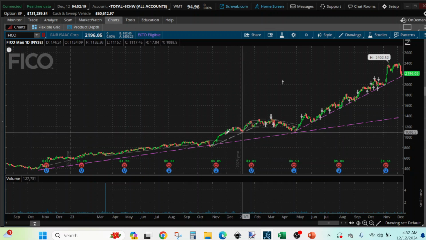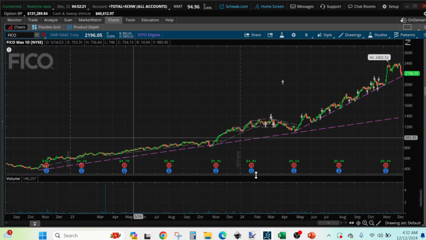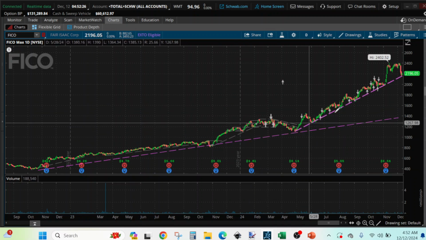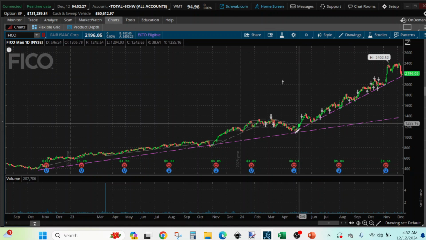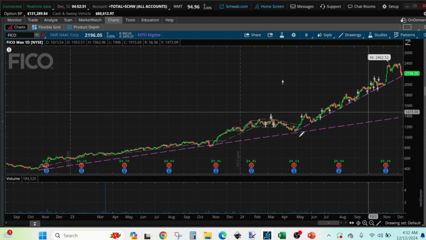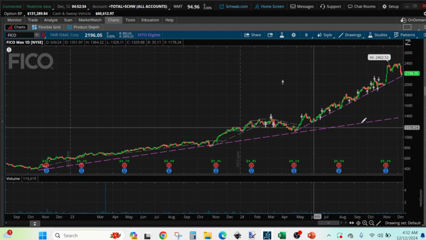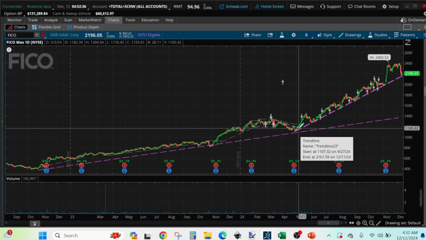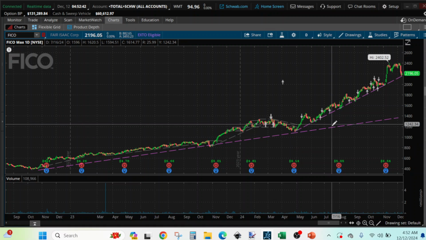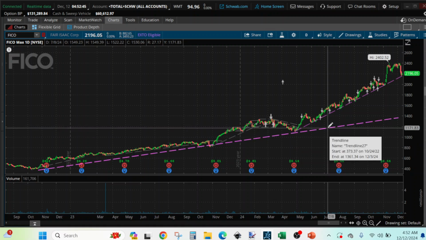However, yesterday, as I was looking at the chart as a whole, I noticed that this trend line here is quite far from the long-term trend line. So this, I would say 6 months or so trend line, is quite far from the long-term trend line.